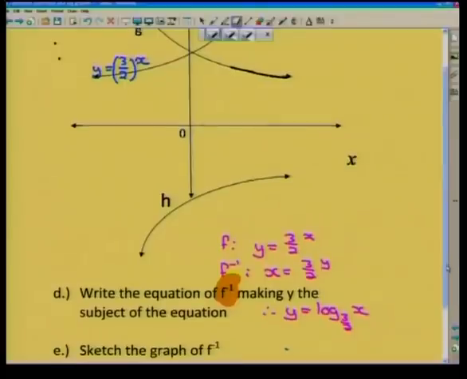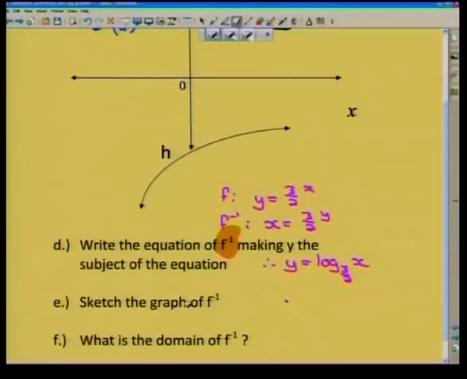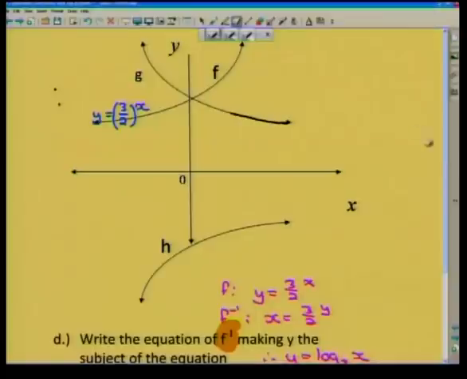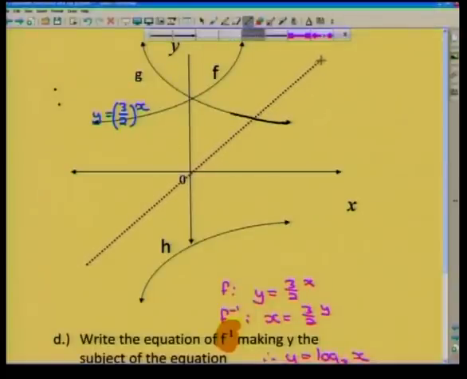All right, the next question says to me, sketch this graph. Now the good news is we don't have to start from scratch on our sketching. All we have to do is use the points we know about f to find points for f^-1. Remember, we know that there's a reflection about the line, and let's put it in with dots, y = x.